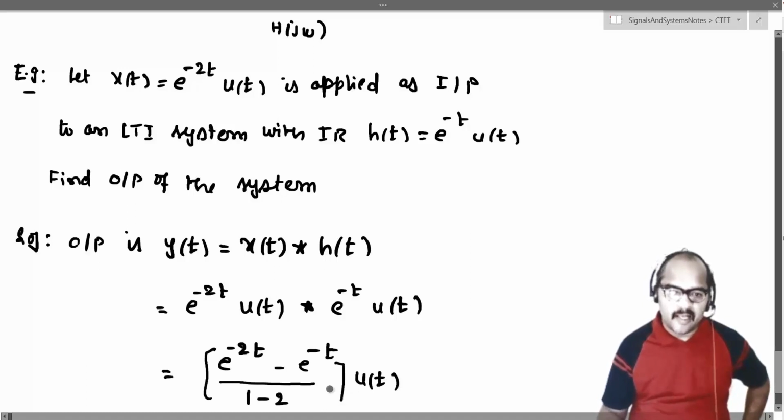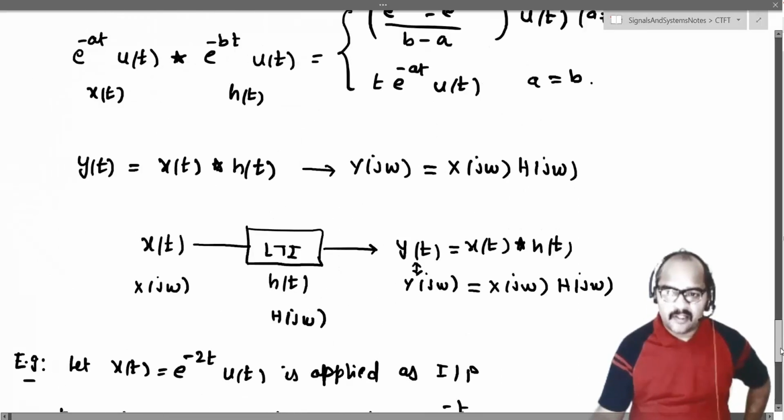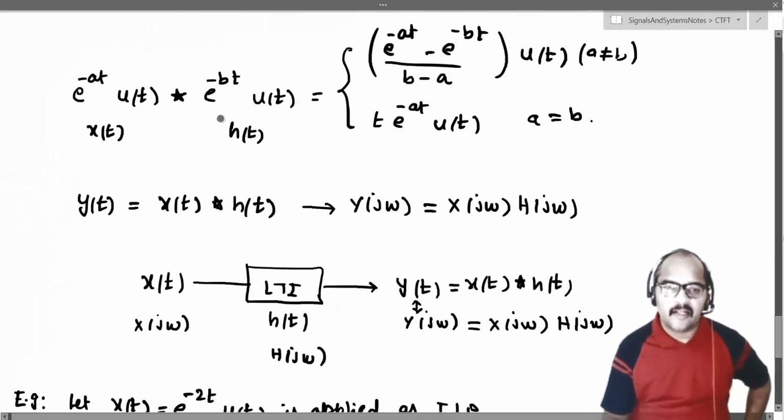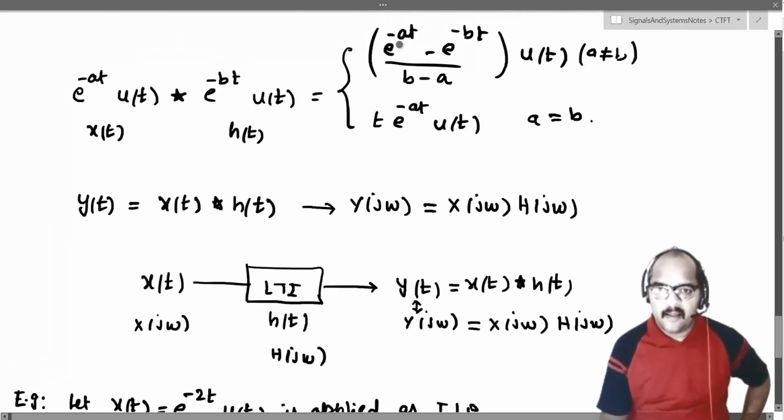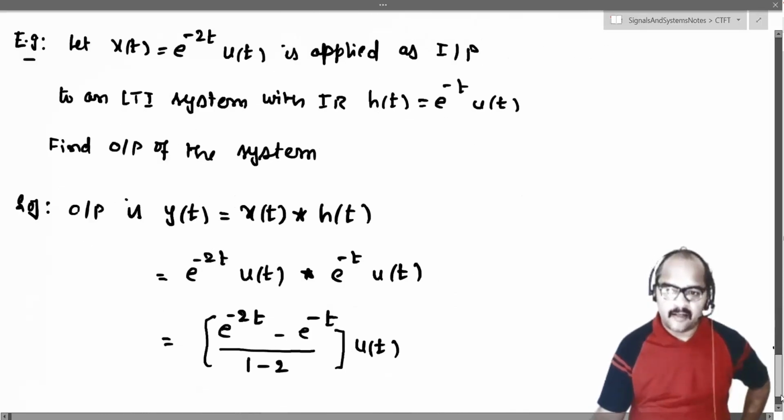So we directly get the answer because we already know the result.